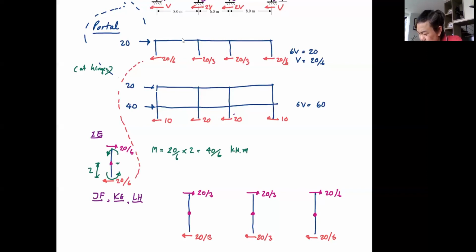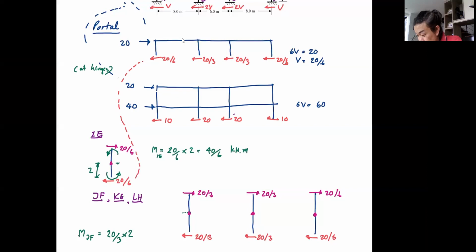Okay, and here let's call it, for clarification, IE. Okay. So now MJF is going to be that load, 20/3 multiplied by, because we can calculate the moment by taking the moment at the hinge, right? That's where moment is 0. So remember that the moment arm is always half the length of the column.